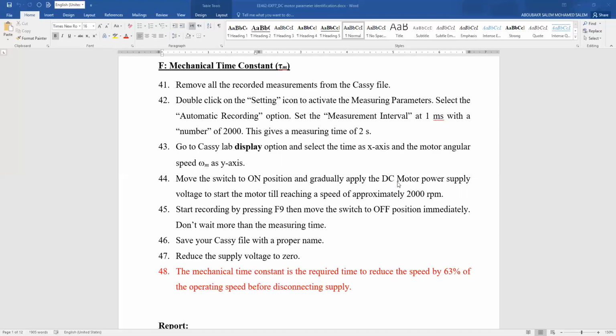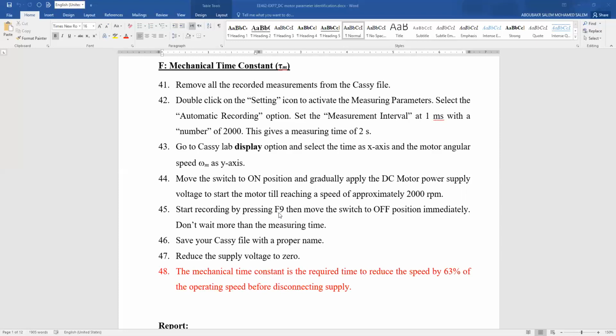So simply, the procedure again, we will turn on the supply and gradually increase the motor supply voltage, reaching 2,000 RPM here, because we need to disconnect the supply of the motor at a point where the previous point is rated speed. So we'll adjust the speed at 2,000 RPM and we'll start recording by pressing F9, but immediately we have to switch off the supply.